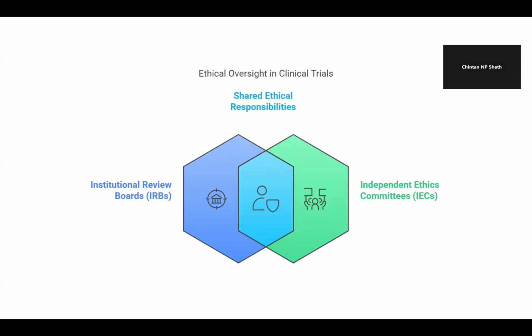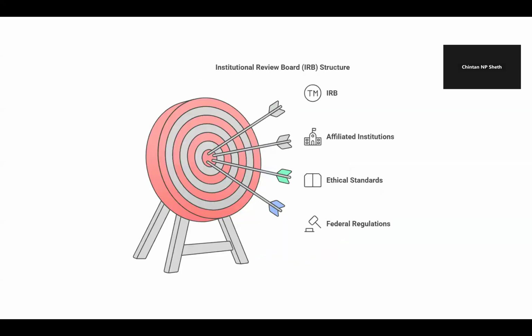Together, they share the responsibility to ensure the ethical standards are maintained throughout the trial. Let's discuss IRB first. The IRBs are Institutional Review Boards. They are committees established within the institution, such as a university or hospital, to review and approve human subject clinical research.